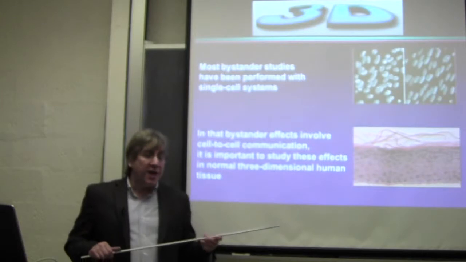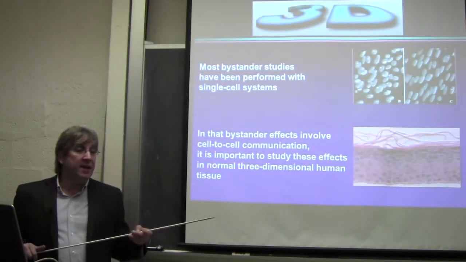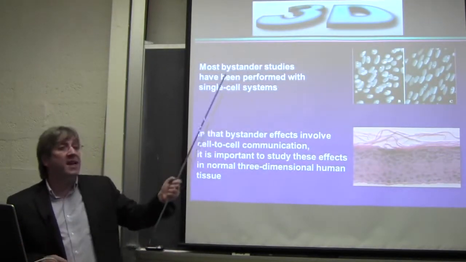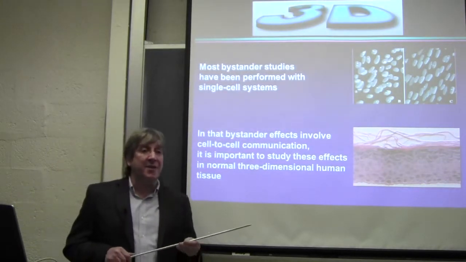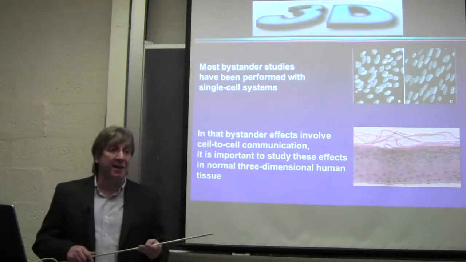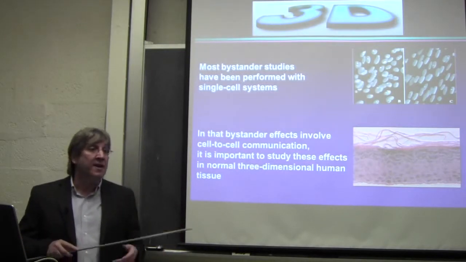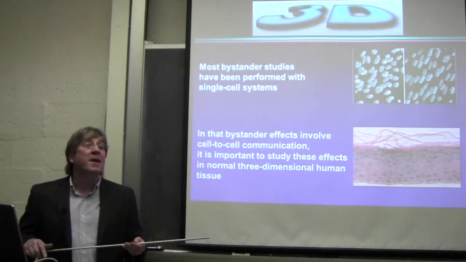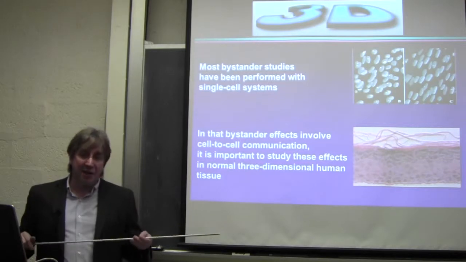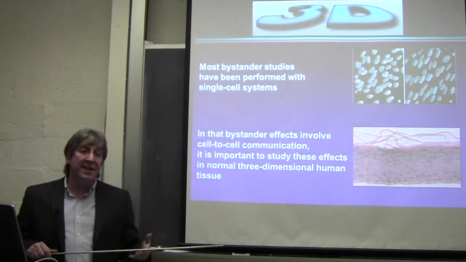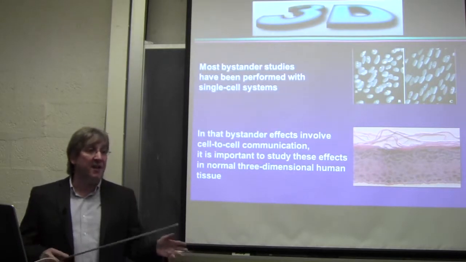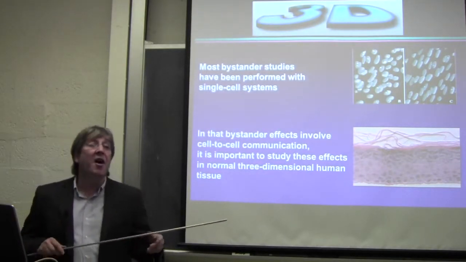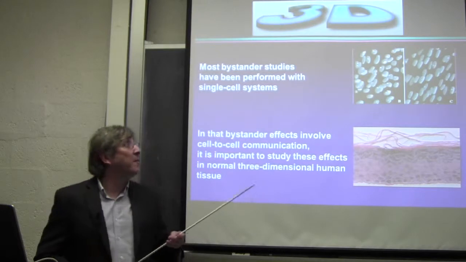Where we've been going ourselves with bystander studies in recent years is to 3D, to three-dimensional tissues. And I think that makes a lot of sense, because it's clear that bystander effects are due to cell-to-cell communication. So if you're interested in cell-to-cell communication, you'd better do that in some sort of tissue-type material rather than in individual cells on dishes, which have artificial connections between them.